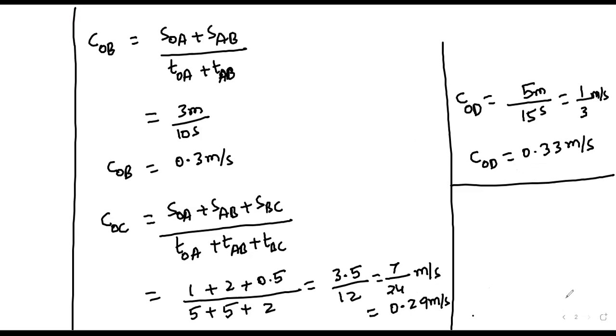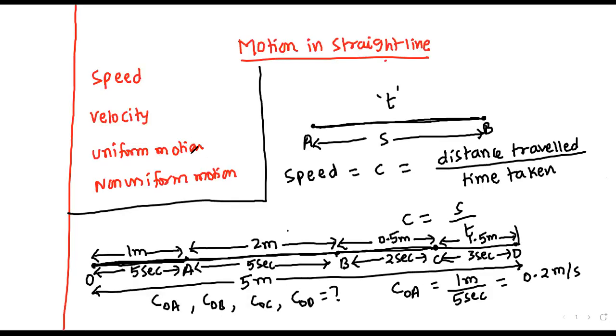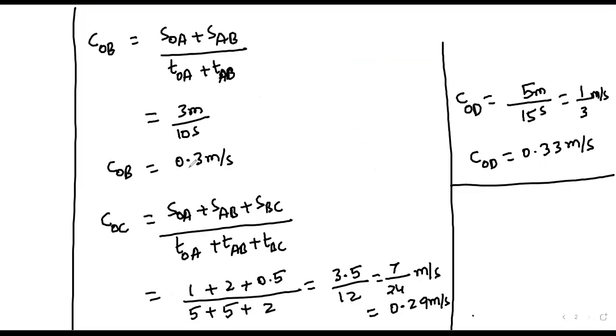That's why afterwards in uniform motion, we'll say that whenever a particle moves in a straight line, speed is uniform. At least from A to B, I got 0.3, OC 0.29, which is approximately 0.3 meter per second.